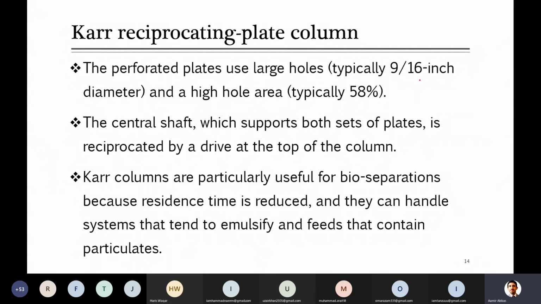These columns are especially useful for bioseparation, because in this kind of column the residence time is low, and they can also handle systems that tend to emulsify and feeds that contain particulates. Here I will try to explain this point of particulates.